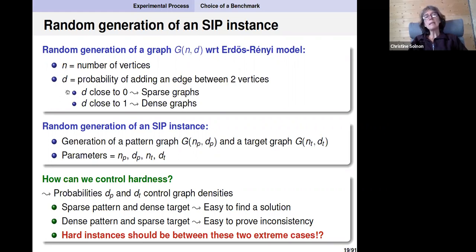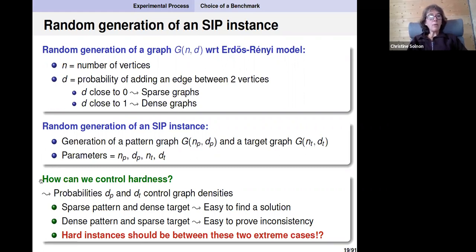When d is equal to 0, we have a graph with no edge at all, whereas when d is equal to 1, we have a complete graph with all possible edges. Okay? So now, to randomly generate an SIP instance, I just have 4 parameters. The first 2 parameters define the parameters used to generate the pattern graph, and the last 2 parameters are the parameters used to generate the target graph.